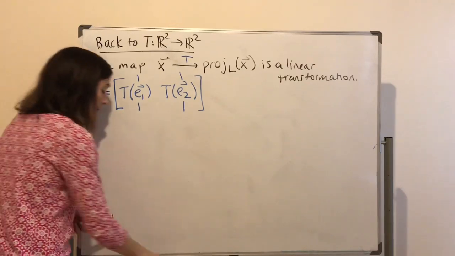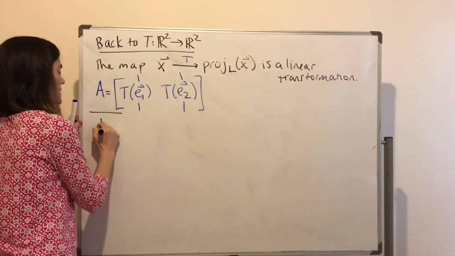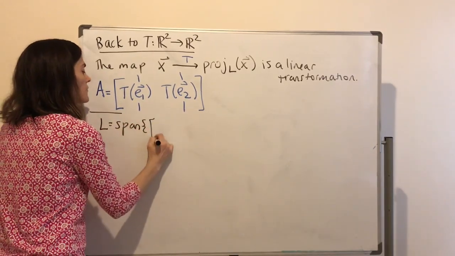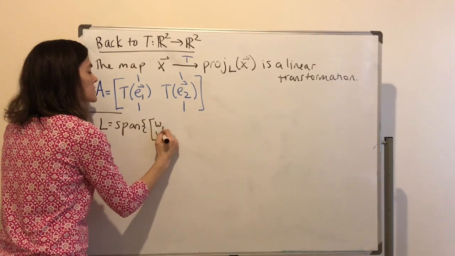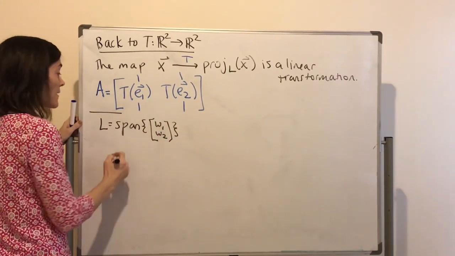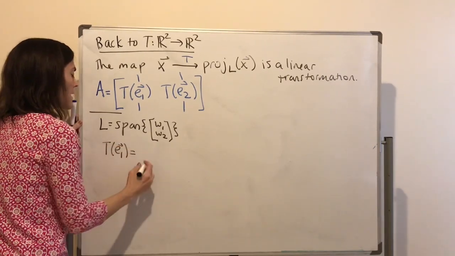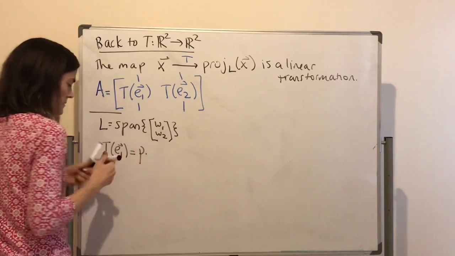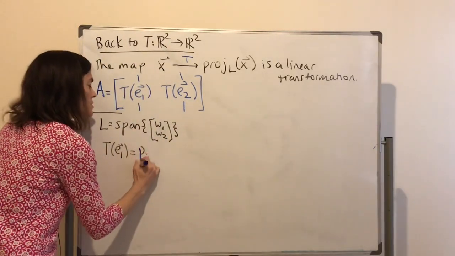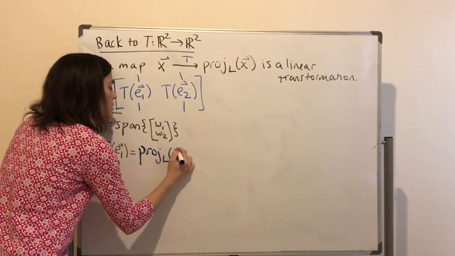Okay, again, I'm going to need the line. So let's say L is the span of, well, I'm in R2 now, so I have W1, W2. And I need to calculate T of E1. Well, this is the projection onto L of E1.